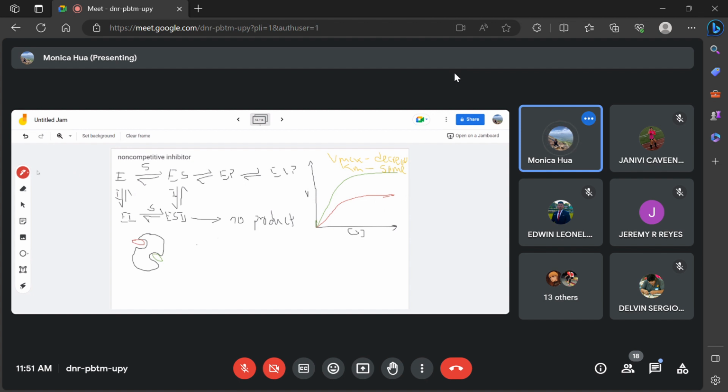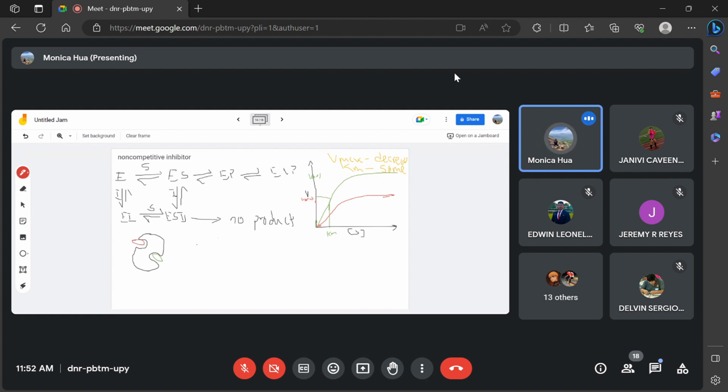So you see that your Vmax is here. Okay, so half of that is here. That's your Km. Your Vmax is here, and then half of that is somewhere here.